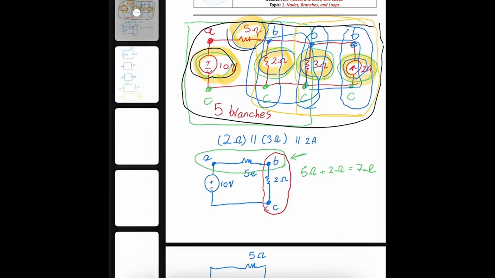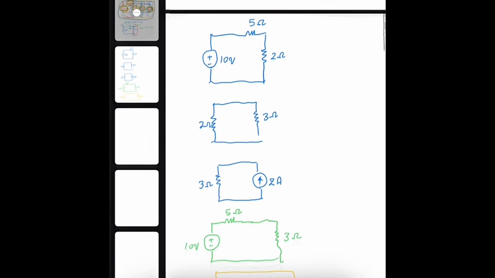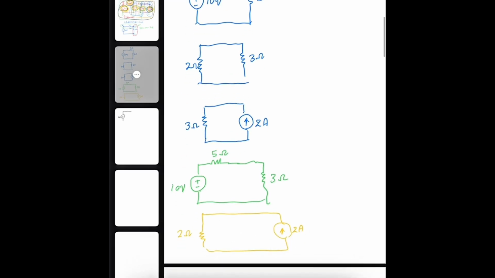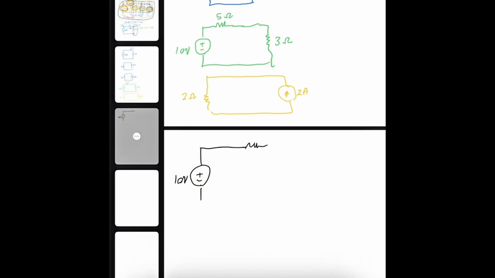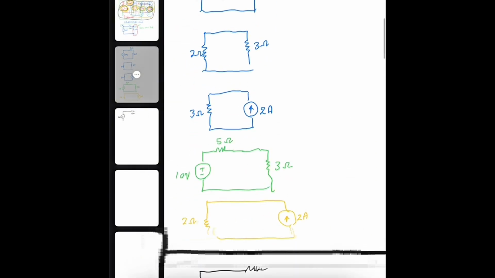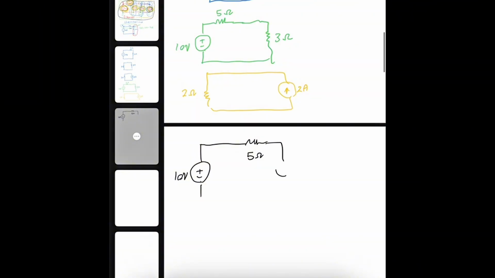If I start from here, 5 ohm resistor, and if I go 2 ampere, this is going to be plus minus 10 volt, 5 ohm, and 2 ampere. So in total we have 6 loops.